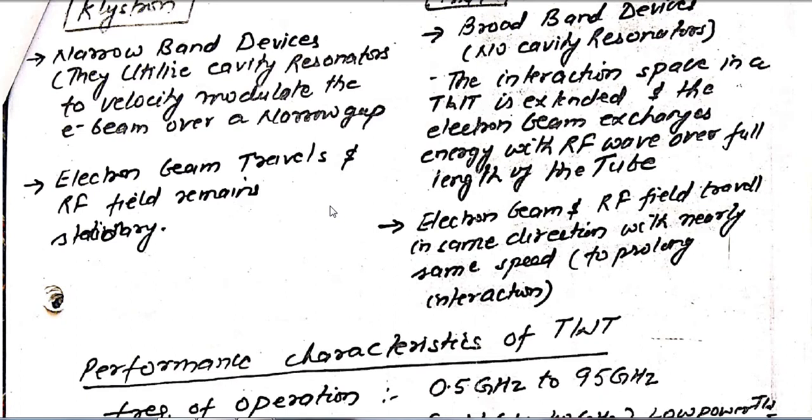So the interaction between the RF field and the moving electron beam will take place only when the RF field is retarded by some means. Normally, slow wave structures are used to retard the RF field, like a helix or a waveguide arrangement.